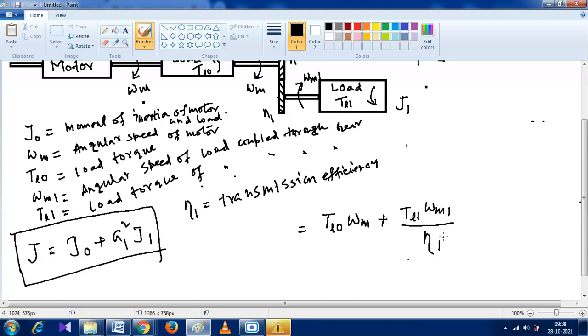So the total power of that system is TL, if we consider TL as the equivalent load torque.